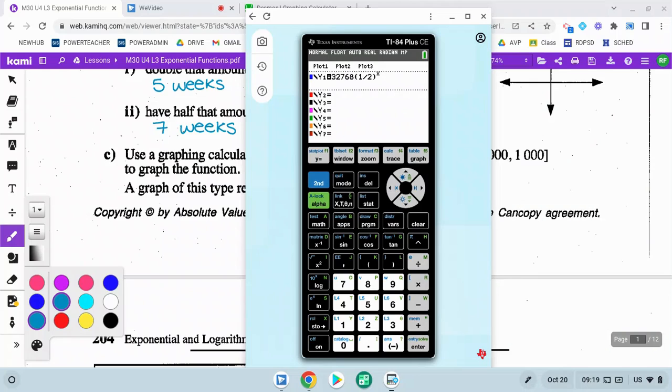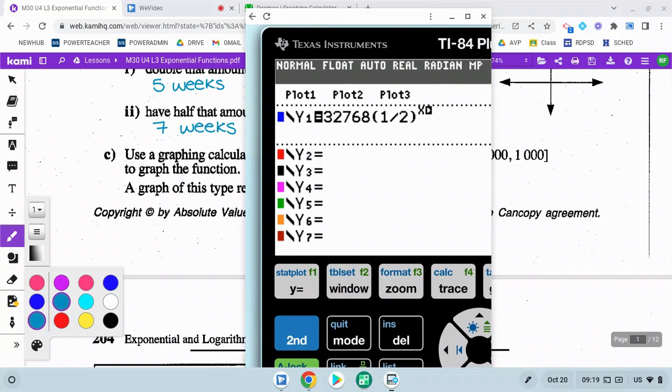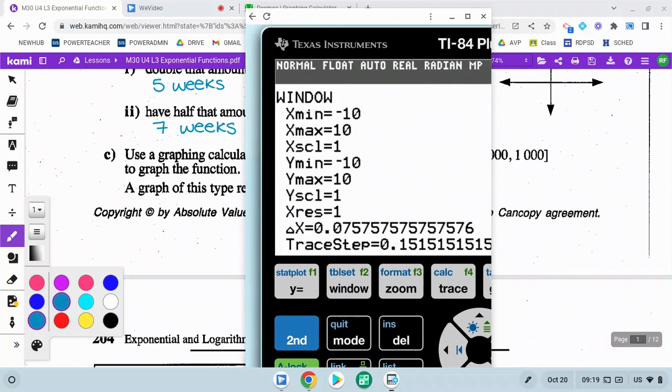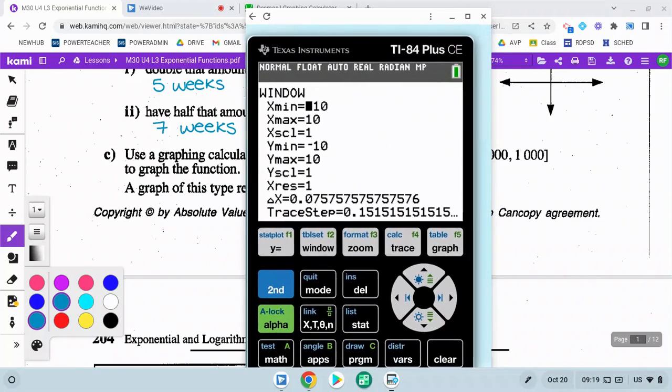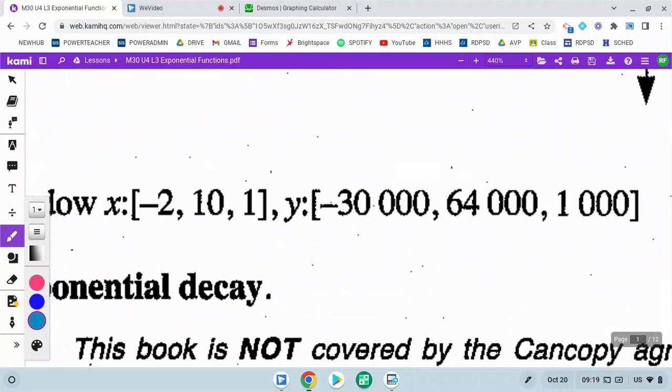Okay, so that's what it looks like in my y equals. And before I hit my graph button, this time I'm not going to do zoom 6 because I don't actually want the standard window. I'm going to hit the window button, which is right next to the y equals. And whenever they list out a window like this horizontally, which is always how we phrase it, we just list the same order in our calculator.